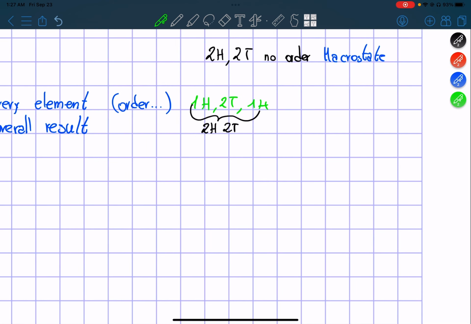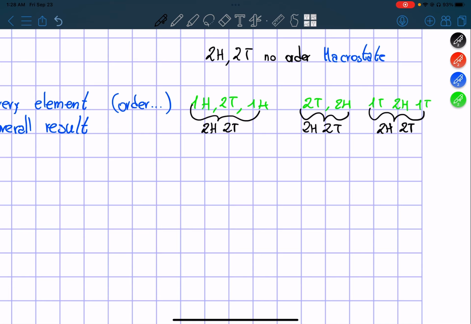Or we can have 2 tails and 2 heads, and again together they make 2 heads, 2 tails. Or we can have 1 tail, 2 heads, 1 tail. But again, the macrostate only cares about the fact there's 2 heads and 2 tails.